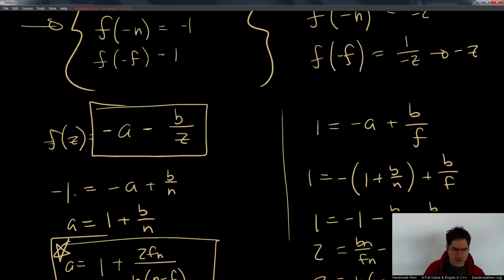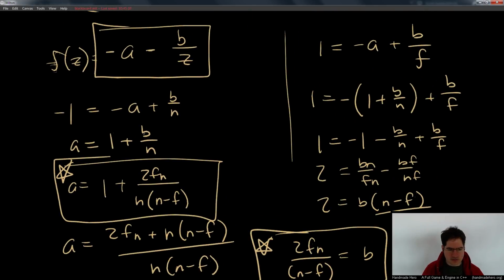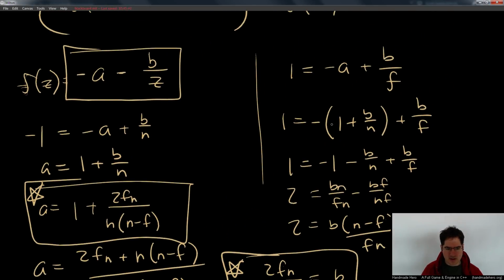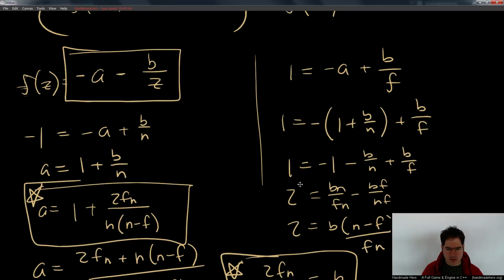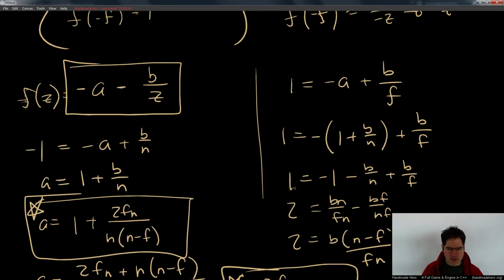Because that would be -1 plus a on this side if we moved it over, which would mean that we'd move the negative over, we'd have b over n plus 1, which is what we have. And so that's just what we would plug into the other side, which we did.